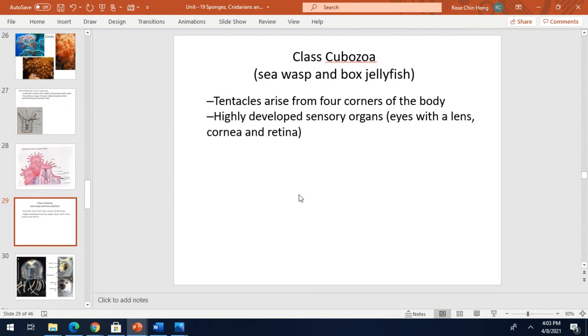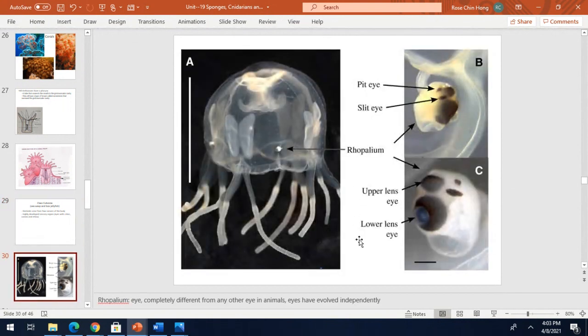All right. So here we have tentacles again arising from the four corners of the body. So it's a box-like architecture it has. And then they have these highly developed sensory organs, which are called the rhopalia. See this rhopalium here. Within it, you have the pit eye and the slit eye, and you have upper and lower lenses.